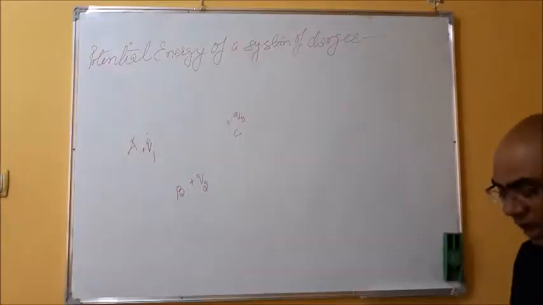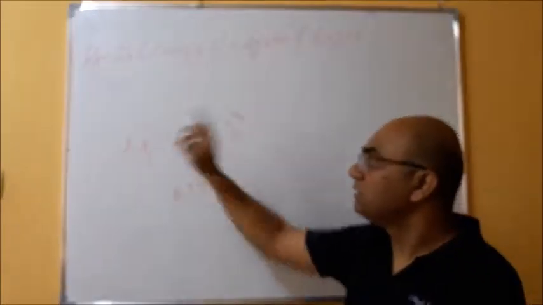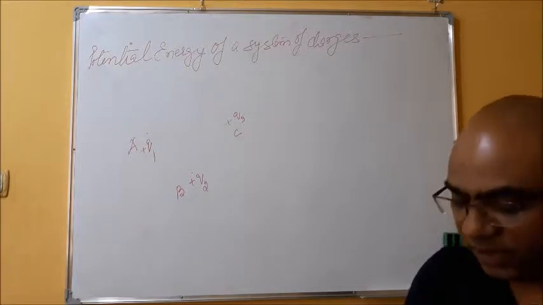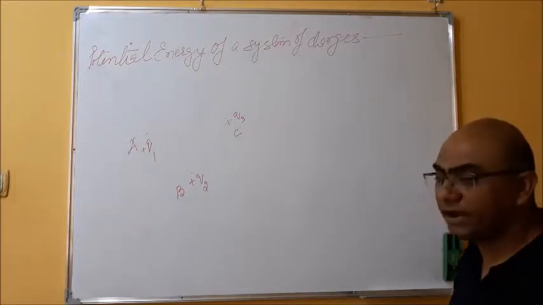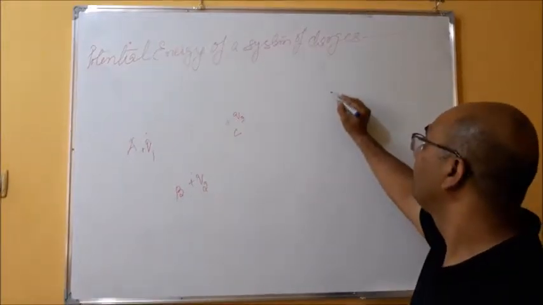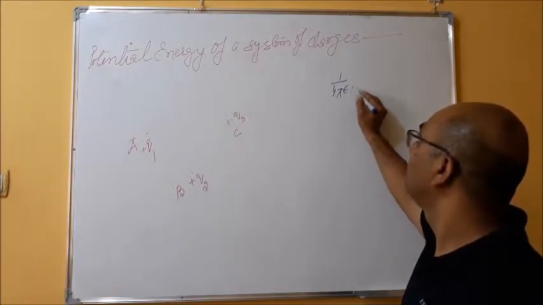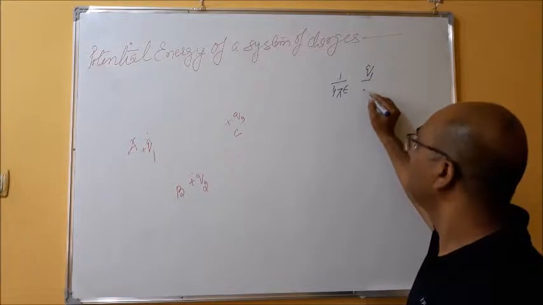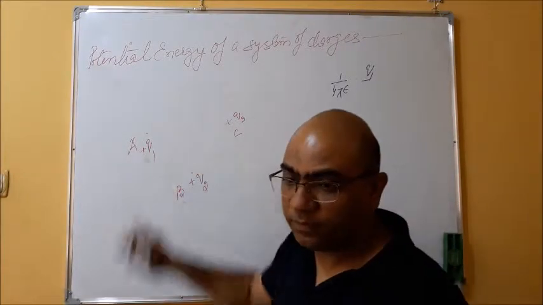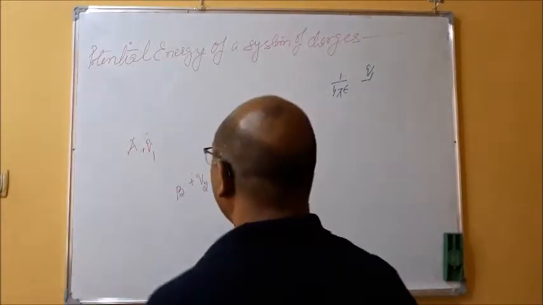Initially, we are bringing only the charged particle A from infinity. So in bringing this charged particle from infinity, what will be the value of potential energy? The value will be 1 upon 4 pi epsilon, Q1 upon R1.